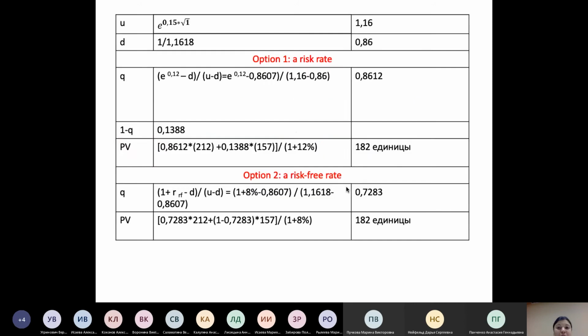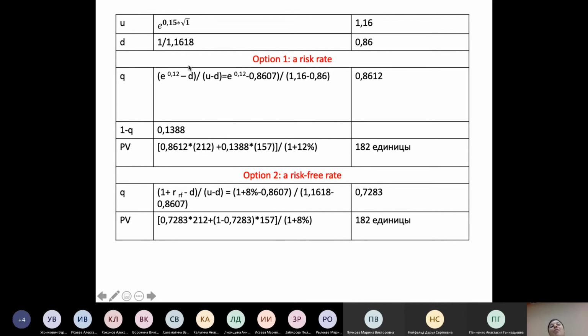Let's check the following. First of all, the up movement and down movement coefficients we calculated earlier. Our up movement coefficient is 1.16. Our down movement coefficient is 0.86. All's good. Now, as for our options, let's check.